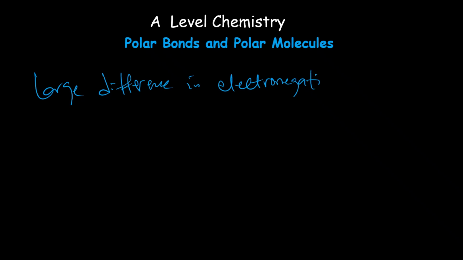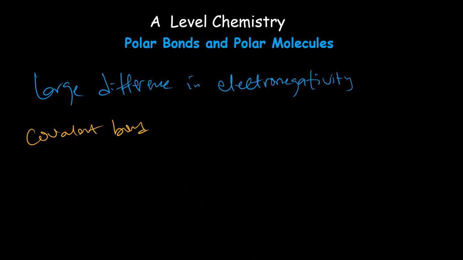Polar bonds are formed as a result of a large difference in electronegativity between two atoms forming a covalent bond. There is a table of electronegativity that helps us work out if a bond will be polar or not.